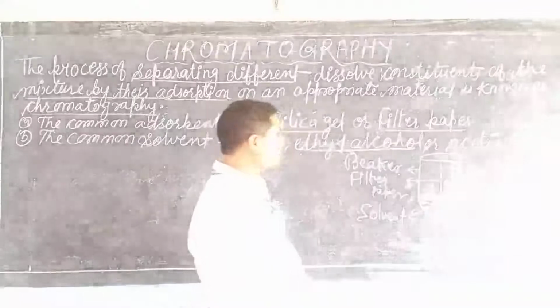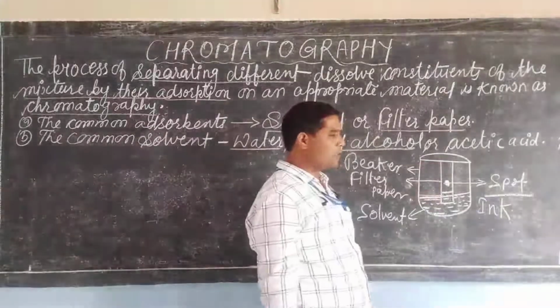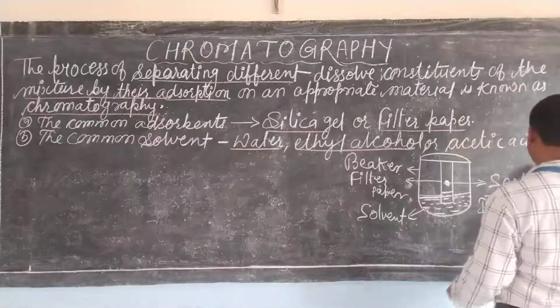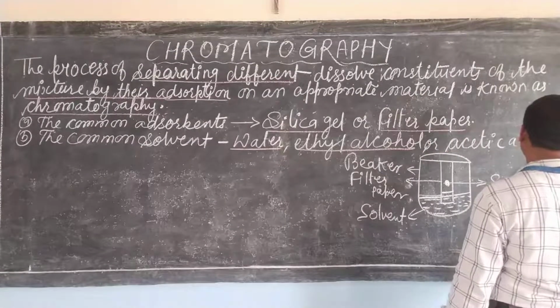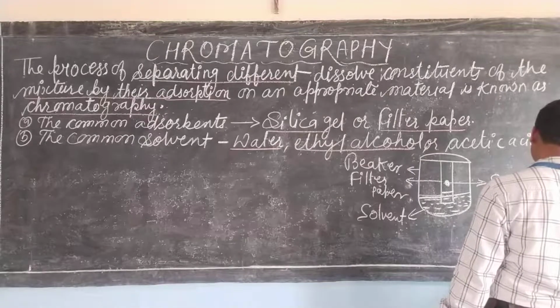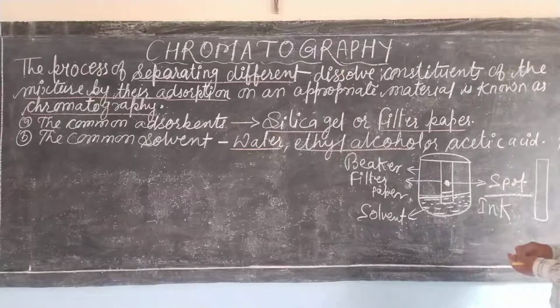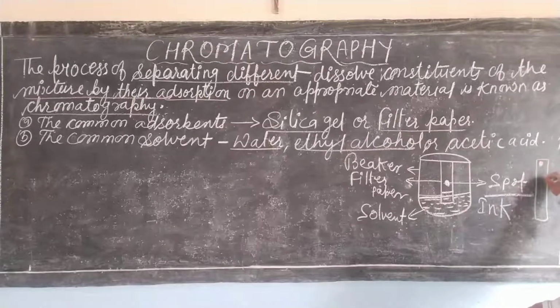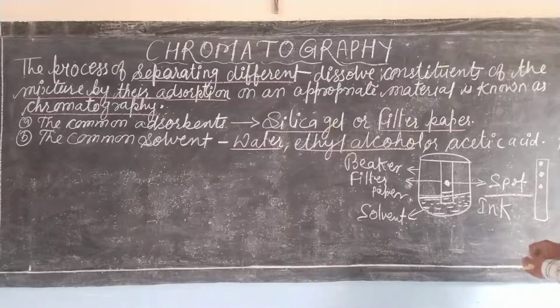So as we do this arrangement, after that we will remove the filter paper. After a few minutes, what we will see is that all the colors present in the ink are separated, dear student.